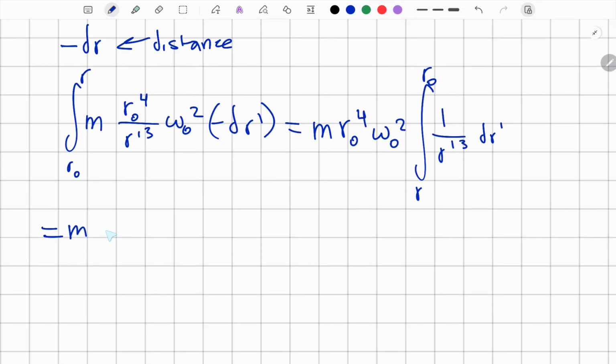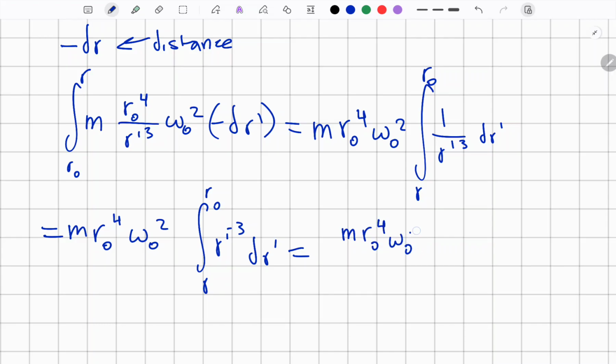And that's going to be m r naught to the fourth omega naught squared times the integral from r to r naught of r prime to the negative 3 dr prime. It's going to be m r naught to the fourth omega naught squared, negative 1/2 times 1 over r prime squared, and then we're going to evaluate this from r to r naught.